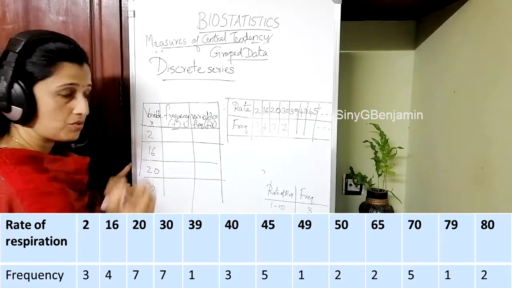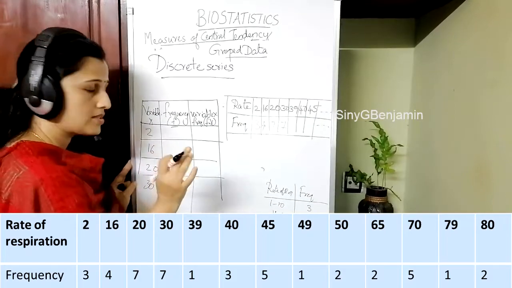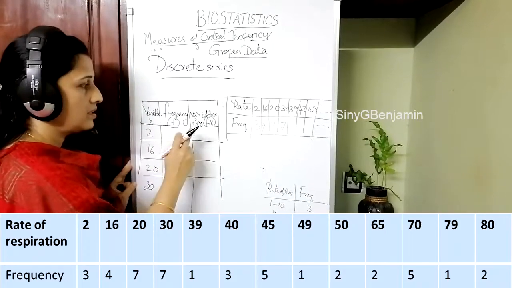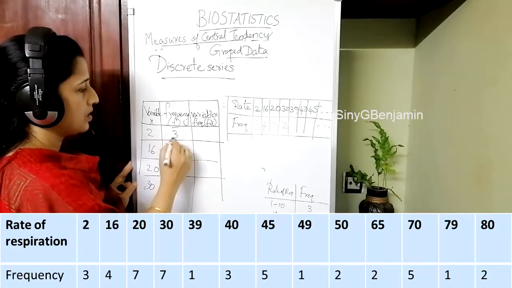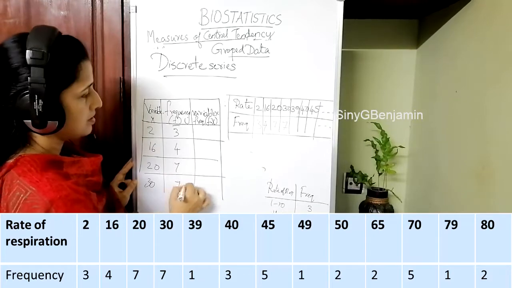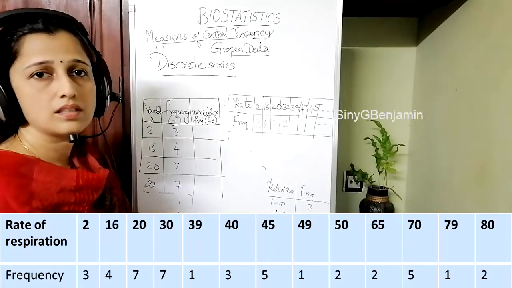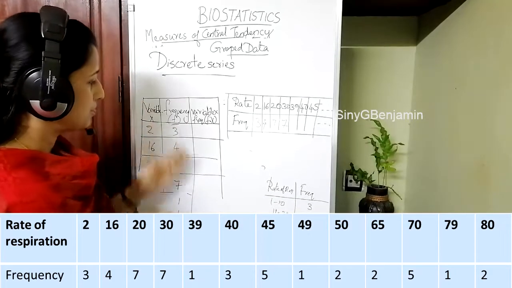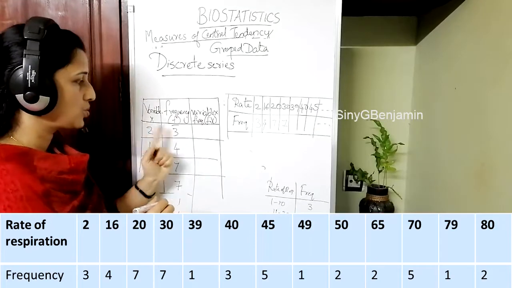So here you have to rewrite this table with 3 columns: variable, frequency and frequency into variable. I have written the complete table, you can see it here. You have to arrange the data like this.